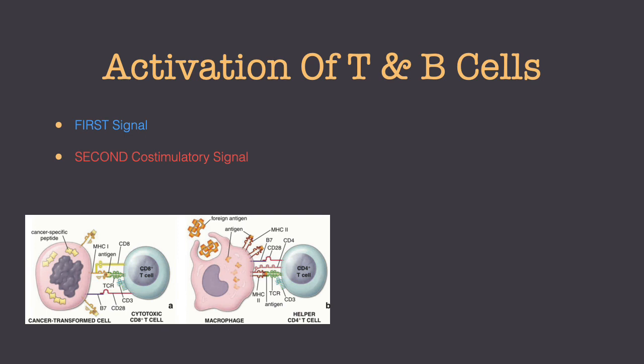Recall from previous slides that for activation of the immune response, there must be an initiating event. This first signal occurs when the T cell receptor of helper or cytotoxic cells interacts with the antigen MHC complex on the antigen-presenting cells. Remember that cytotoxic or CD8 T lymphocytes are MHC1 restricted, and helper or CD4 T lymphocytes are MHC2 restricted.